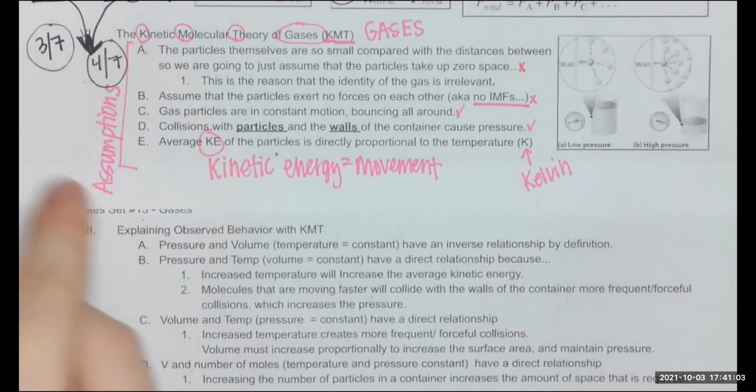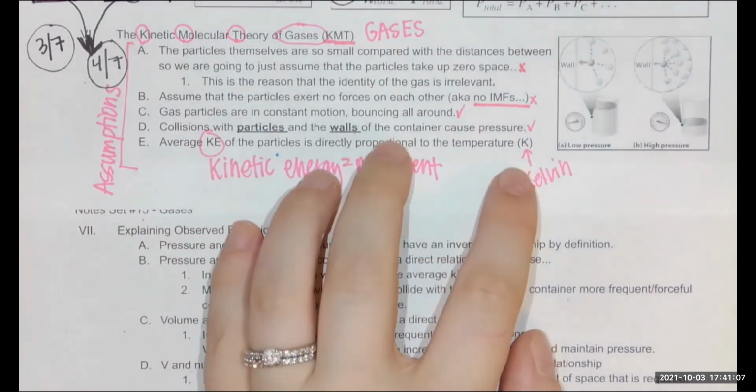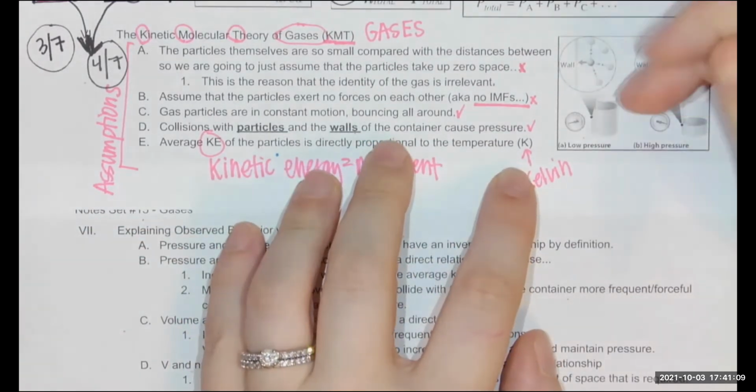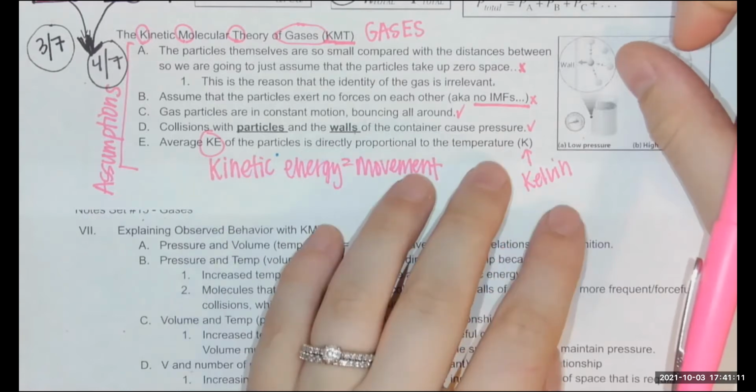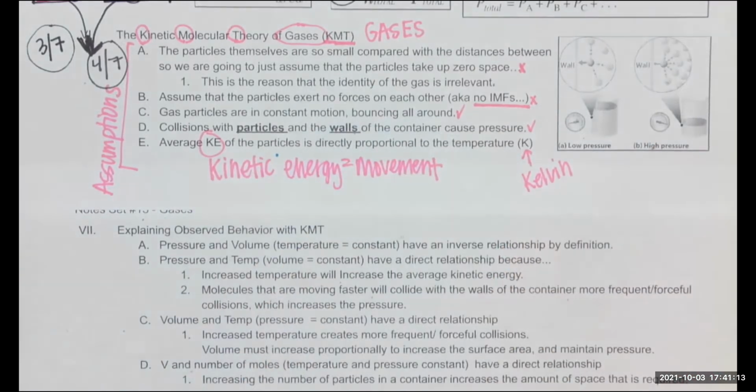All of these are the assumptions that we're making in order to idealize gases. The real universe is complete and utter chaos. There's exceptions to every rule. There's exceptions to every exception to the rule. But we're going to simplify it by trying to make this situation ideal.